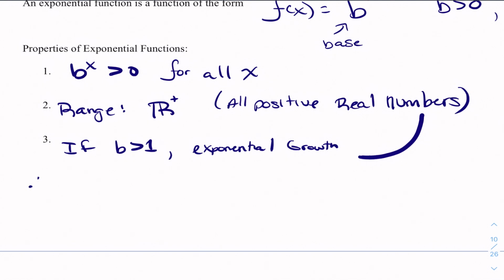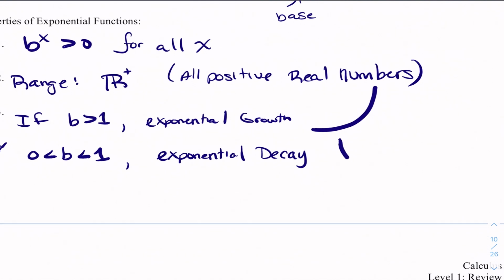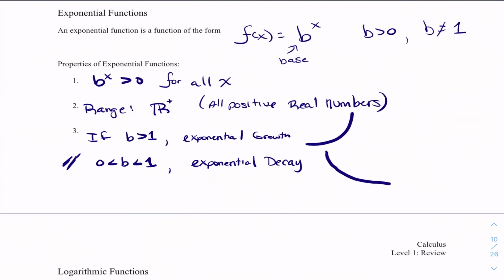Likewise, if our base is a fraction, so between 0 and 1, but not 0 and not 1, we call that exponential decay. You'll see this in chemistry classes or biology when you're talking about half-life, and it is the reflection over the y-axis. Exponential growth, exponential decay.